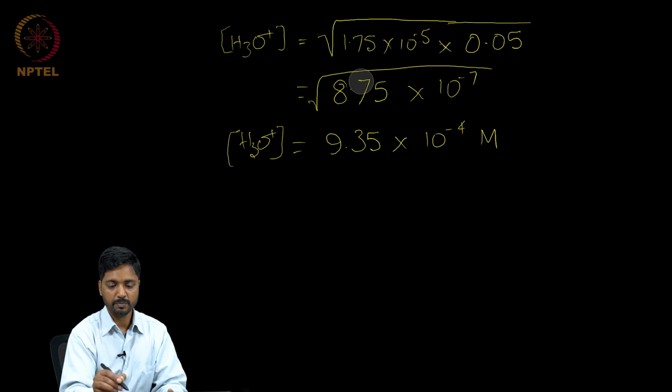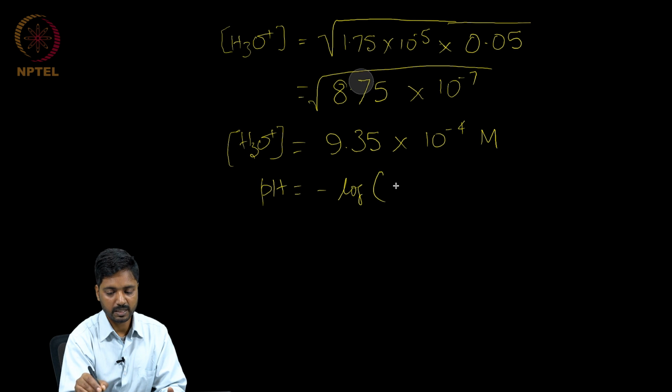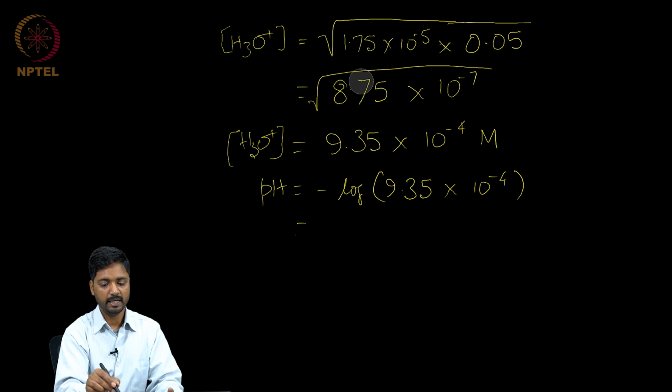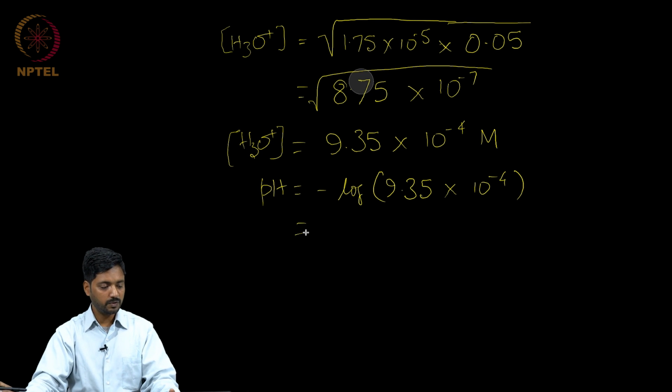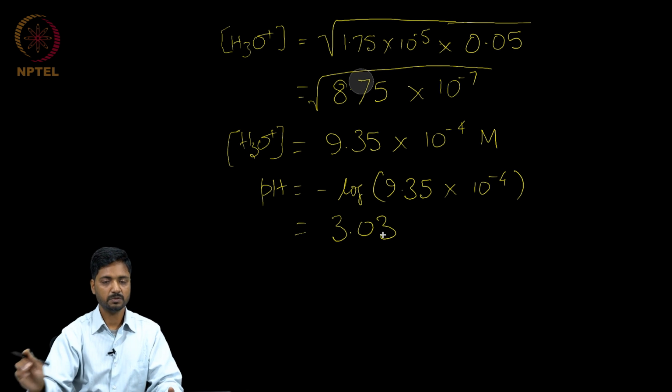With this, it would be straightforward to calculate the pH, which will be negative log of 9.35 × 10^-4, and the pH of the medium now turns out to be 3.03.